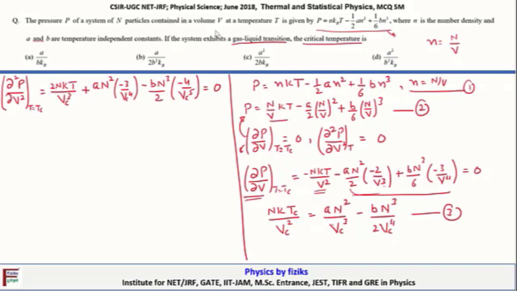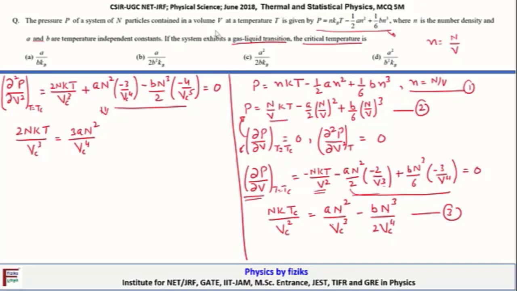Now this can be rearranged further, because we are equating it to 0, as 2NkT upon Vc cubed equals 3A N squared divided by Vc to the power 4, the first term.